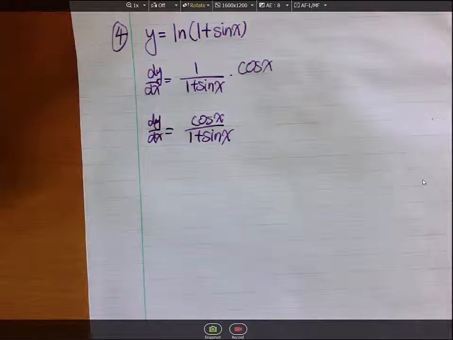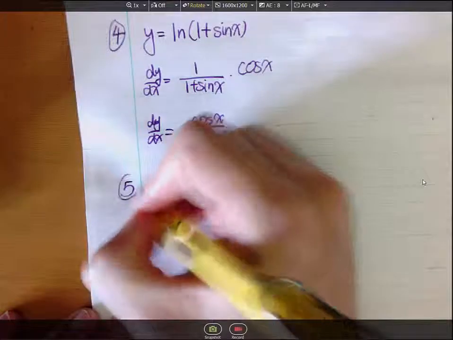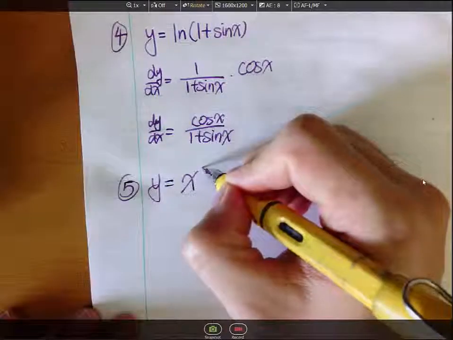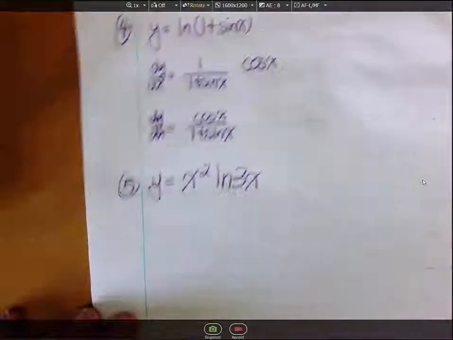Alright, I'll give you just one more example. I think we should be done for the day. One more example will be something involving the product rule. y equals x squared ln 3x.